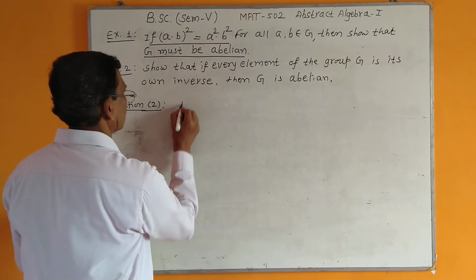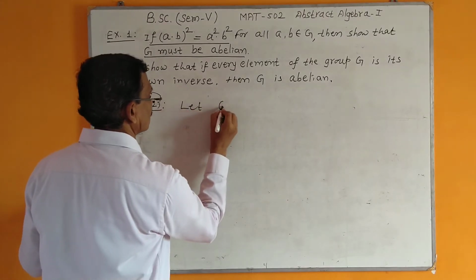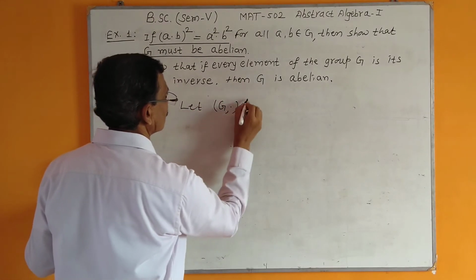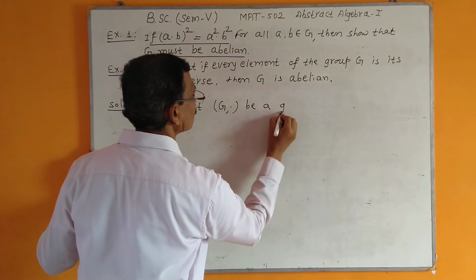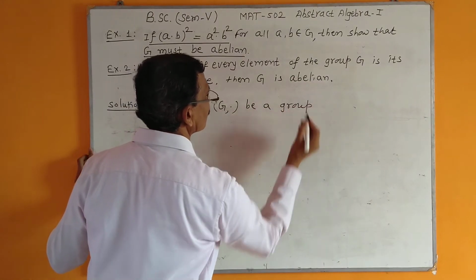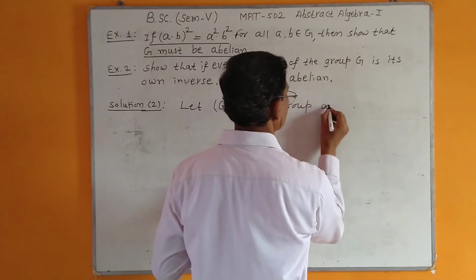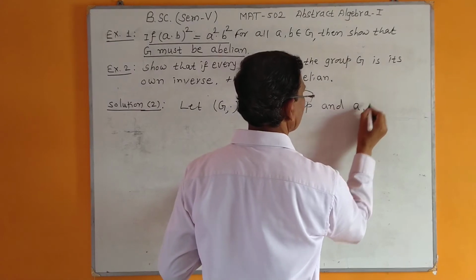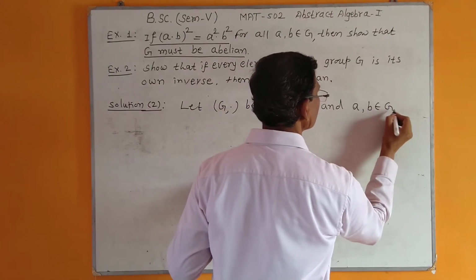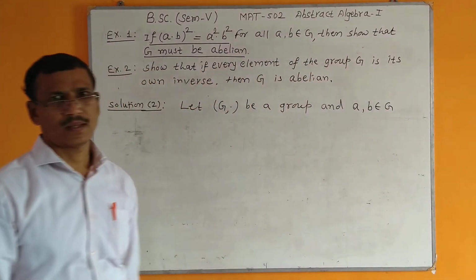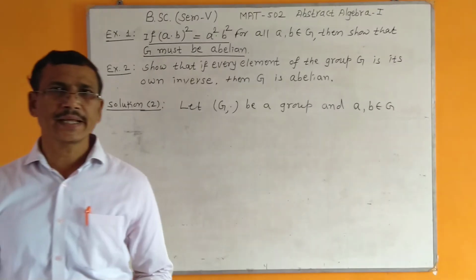Consider (G, ·) to be a group, and a, b belong to G. Consider any two elements of the group G.